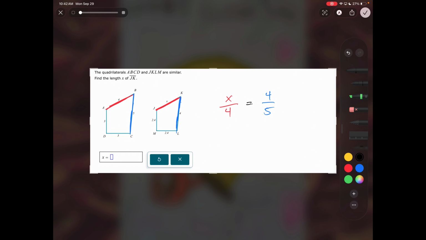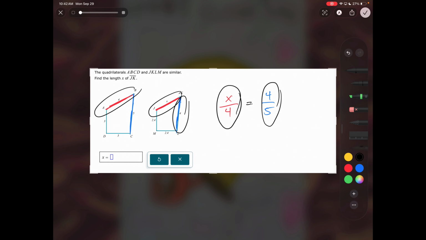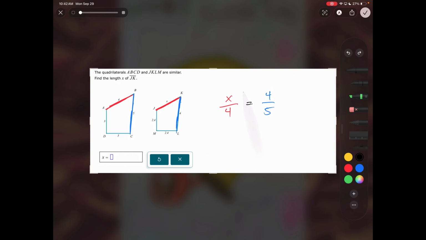So let's go back over this real quick. I know that these have something in common because they are both the tops of the triangle, right? And I know that these have something in common because they're both the right of the triangle, okay? But also, these have something in common. They are both the triangle on the right.